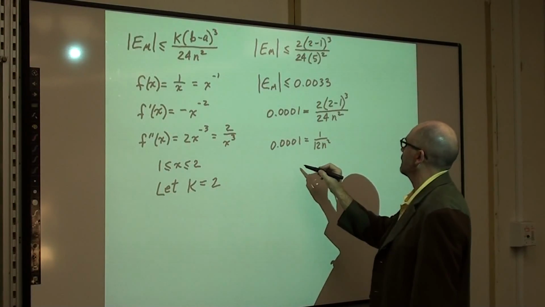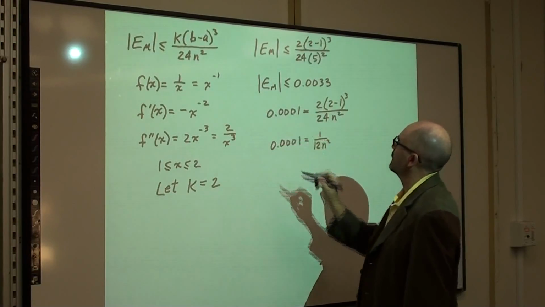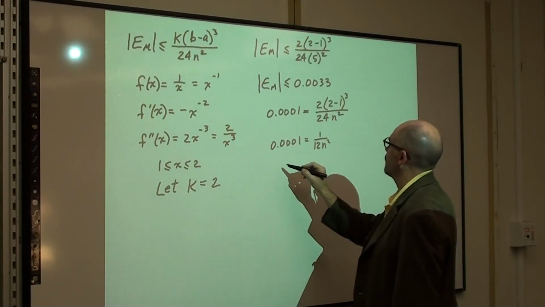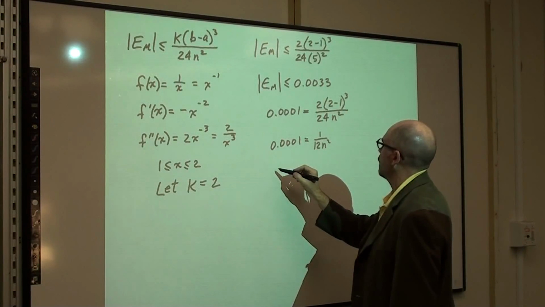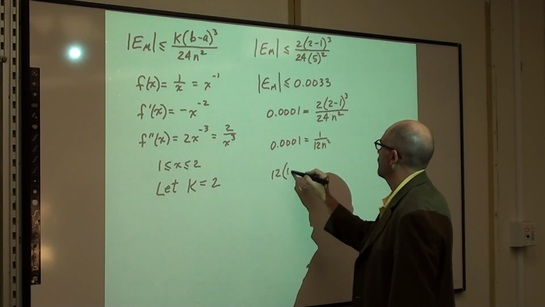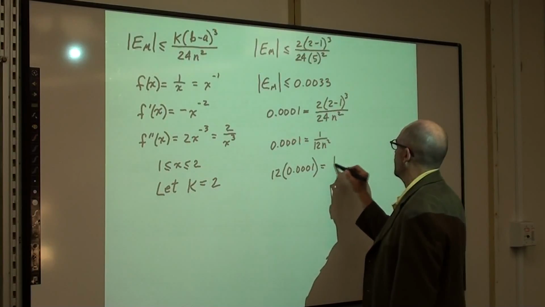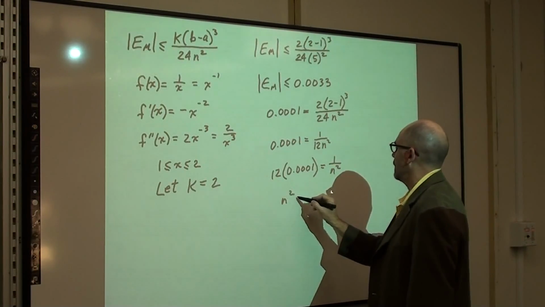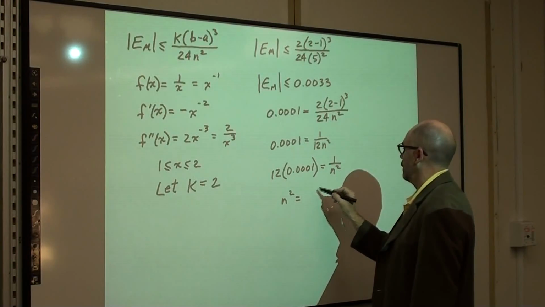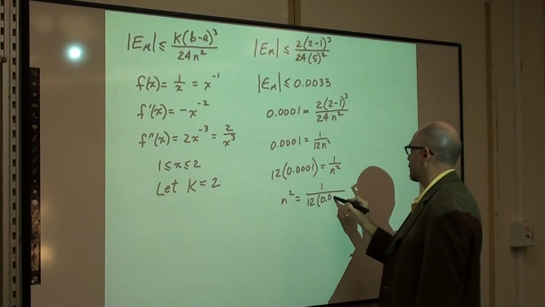So that means, yeah, we'll just multiply both sides by 12. So, 12 times 0.0001 equals 1 over n squared. So that means n squared equals 1 over 12 times 0.0001.